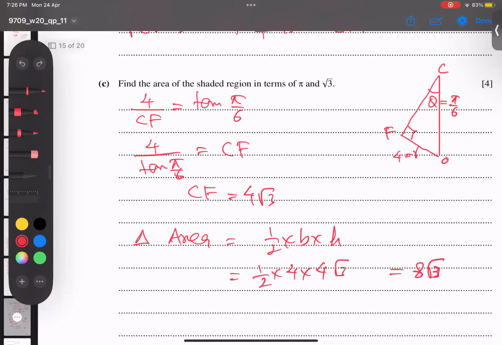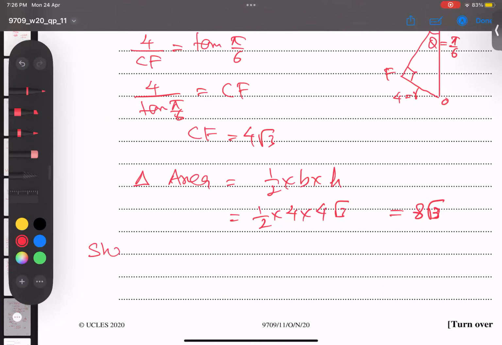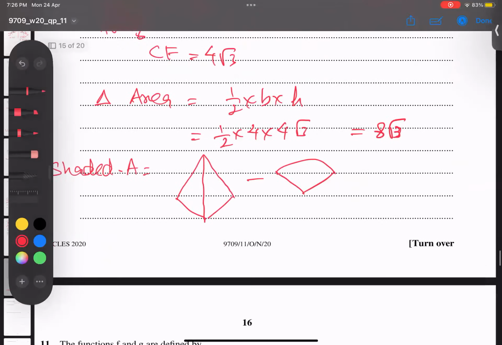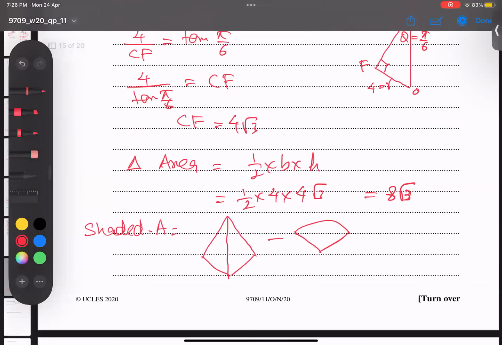So what is the area now? Shaded area. How to get the shaded area, students? So the kite area, this kite area, minus the sector area. The sector area is this one. Okay, students, let's try to find it. Now this may be a space issue, but no problem.